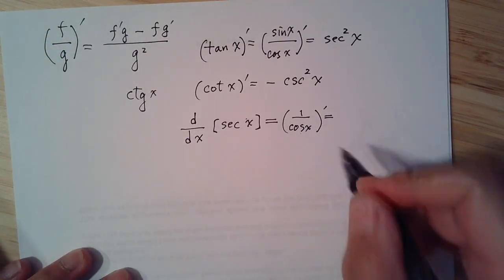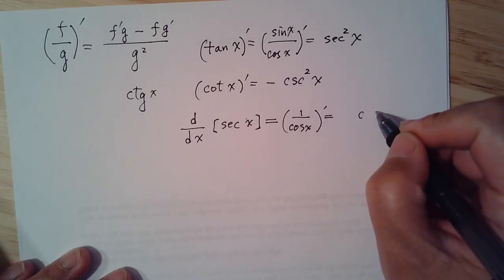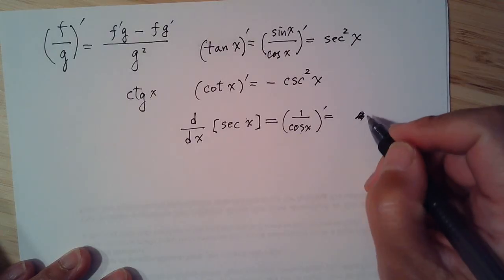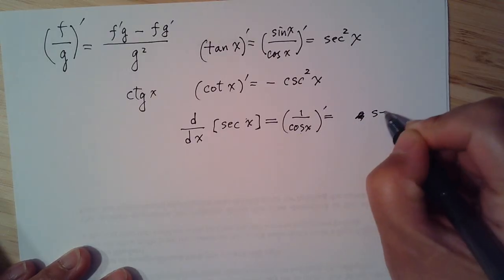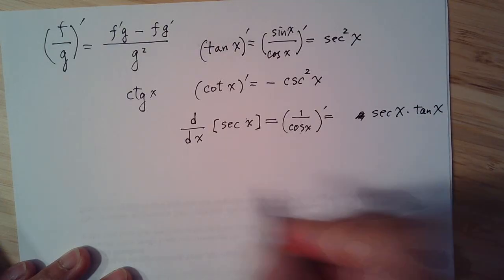You can do that, or you can use the chain rule later, which is going to be in my next video. Anyway, I can tell you the answer. That should be secant x times tangent x. If you like, you can go ahead and do that.